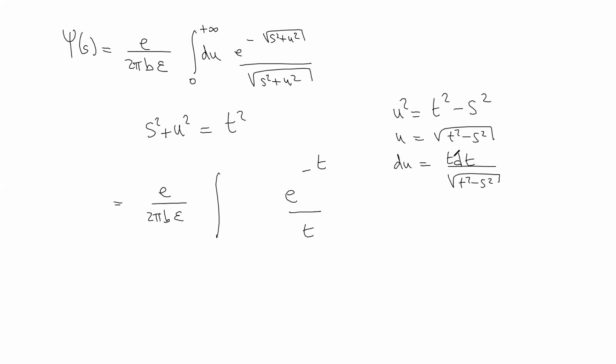So I'm left with dt t and square root of t squared minus s squared here. Okay. So in particular, I can kill these guys. All right. And this t is going from s, sorry, to infinity. So s to infinity.